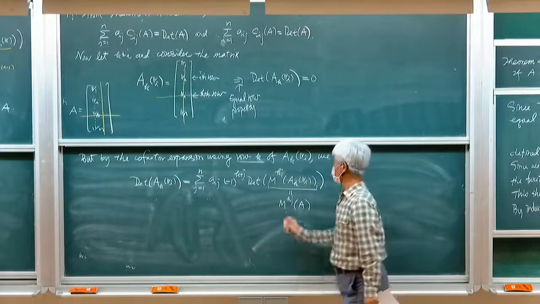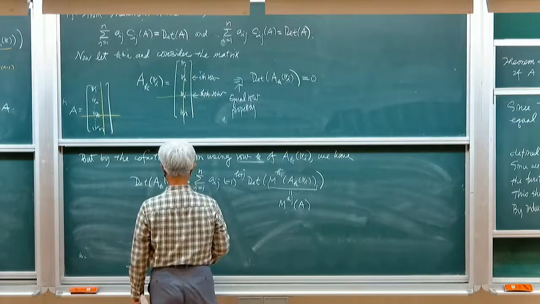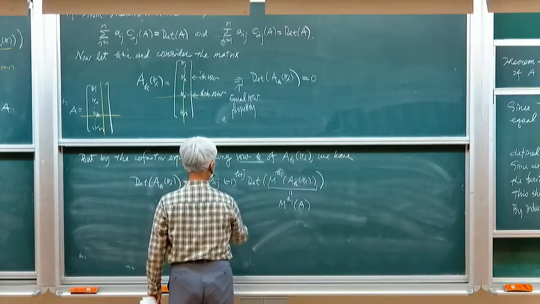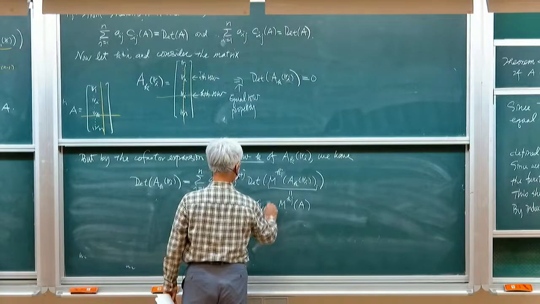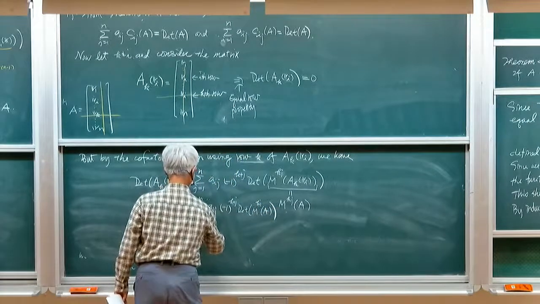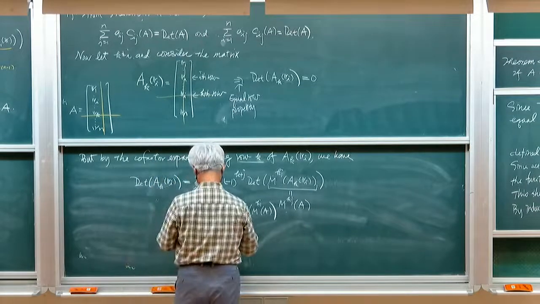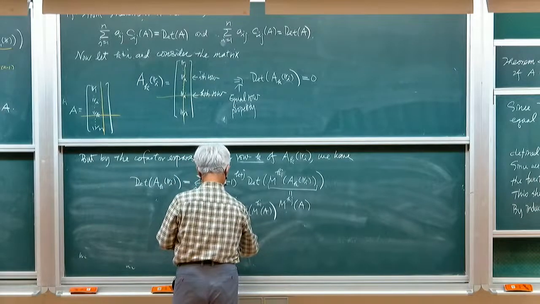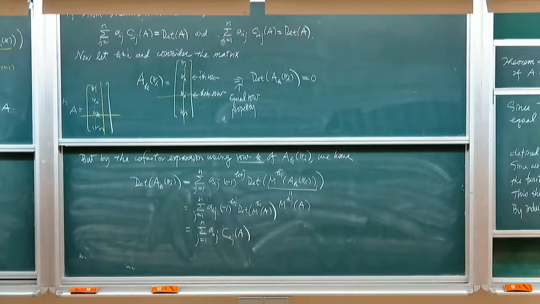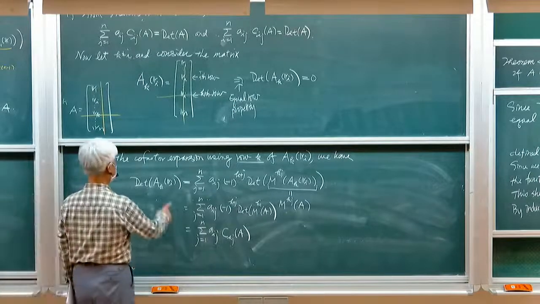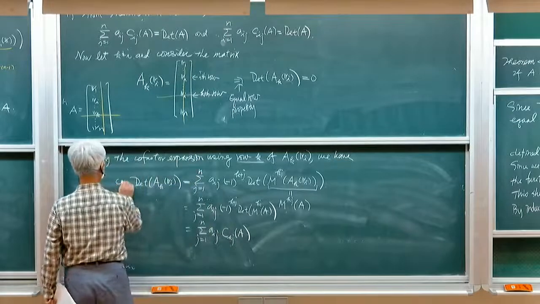So we have the summation j equal to 1 to n of a_ij times (-1)^(k+j) times the determinant of M_kj of A. And by definition, this is the kj cofactor of A. And we just proved this is 0, so this is equal to 0.